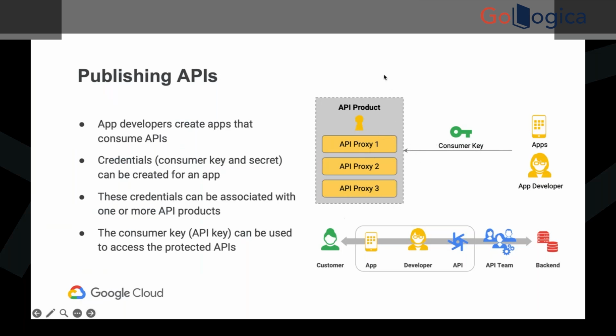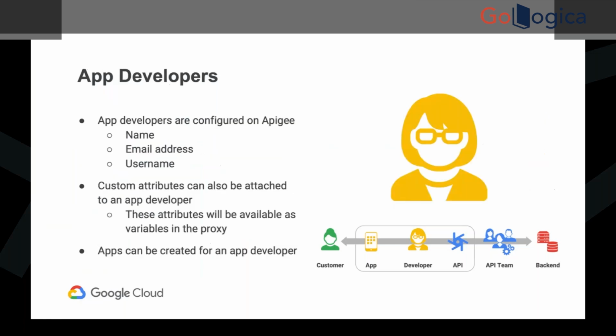Because this key has access to the product, any API which is part of this product will be accessible by using this API key or consumer key. We use the words consumer key, app key, API key; they have the same meaning. In APG, consumer key, API key, app key, client ID, all these four things have the same meaning.